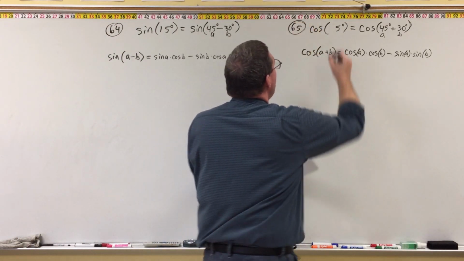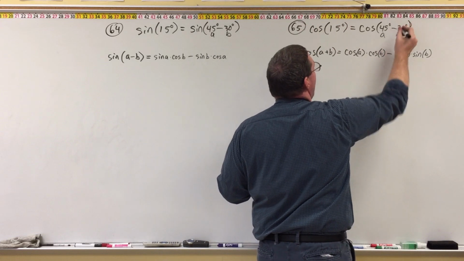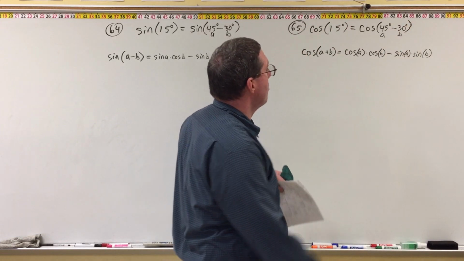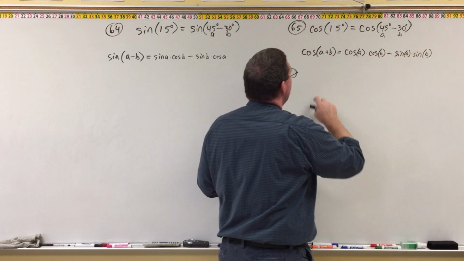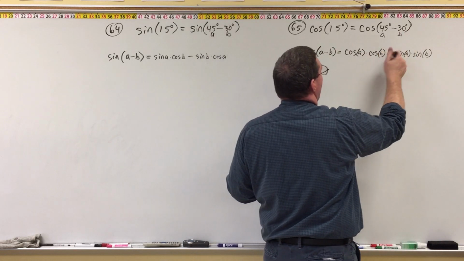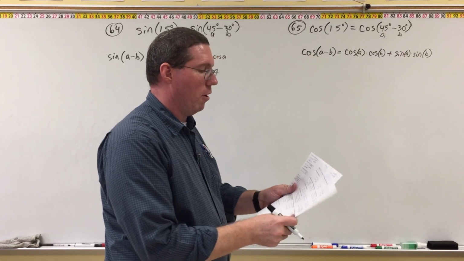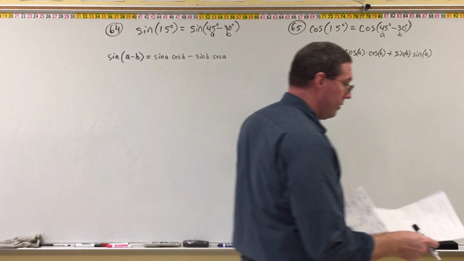Okay. Cosine of 15 degrees, and that is 45 minus 30. So A is going to be 45 and B is going to be 30. And cosine of A minus B is cosine times cosine plus sine times sine. Okay? And that's right off of our identity sheet.